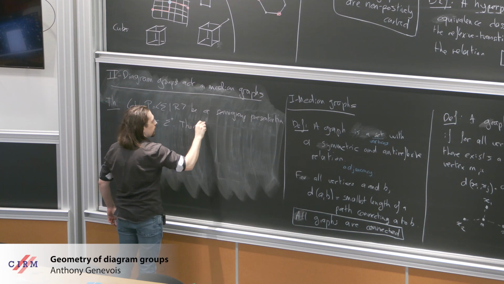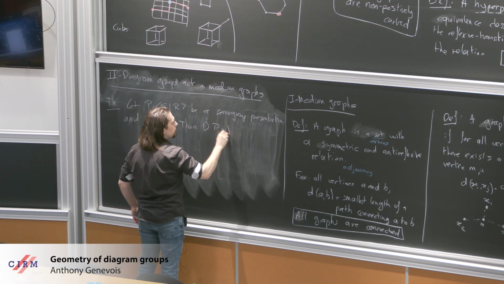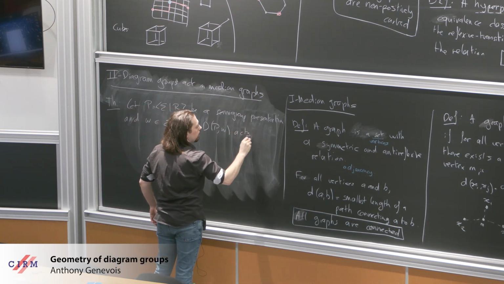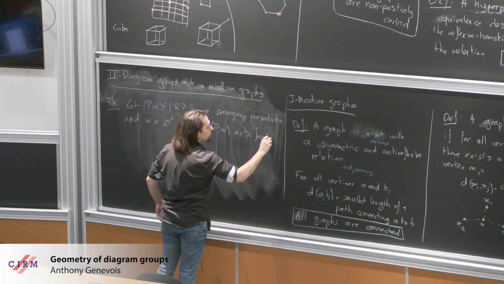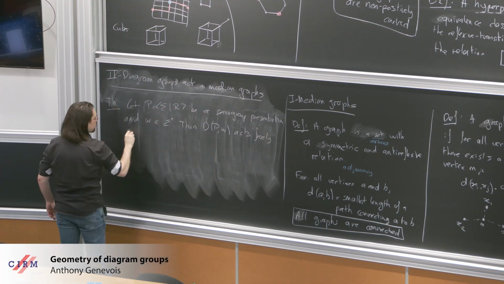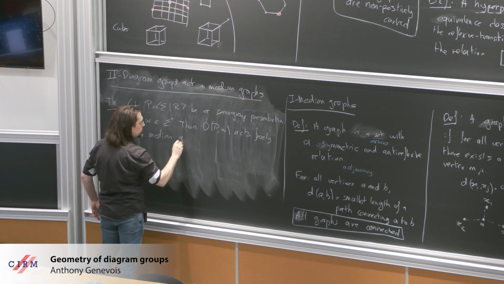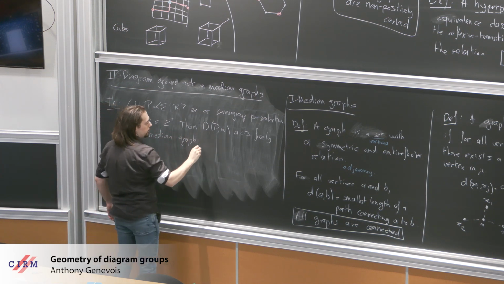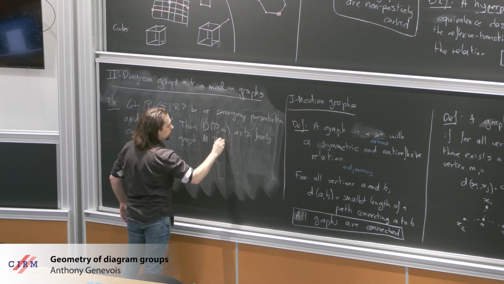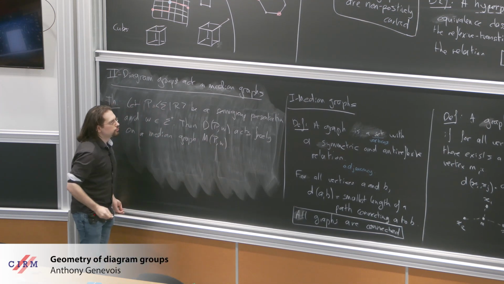Then the diagram group D(P, W) acts freely on the median graph. Let's call it M(P, W). Okay, and now I would like to define M(P, W).